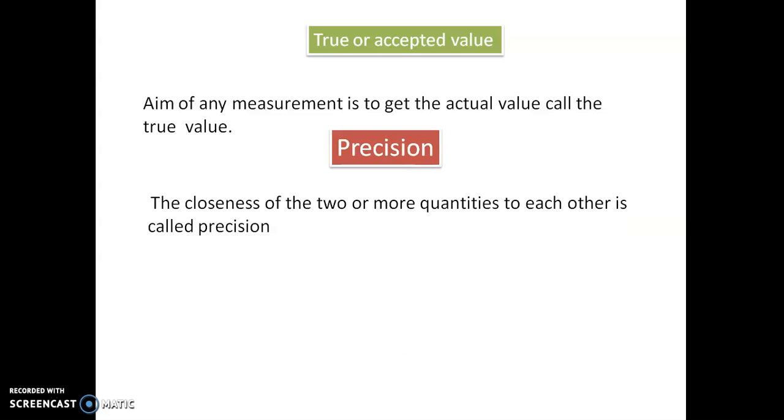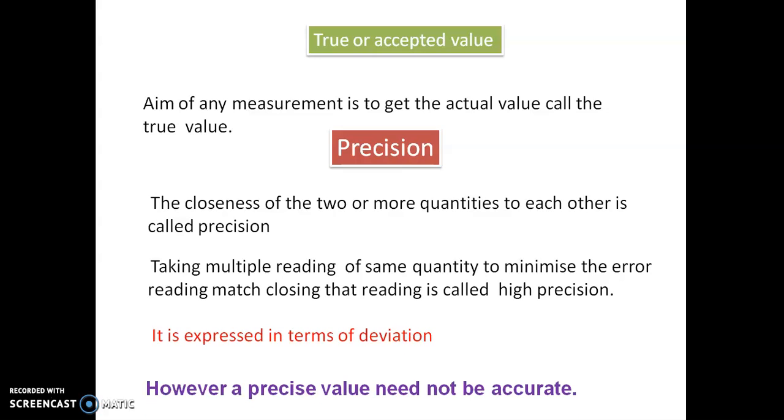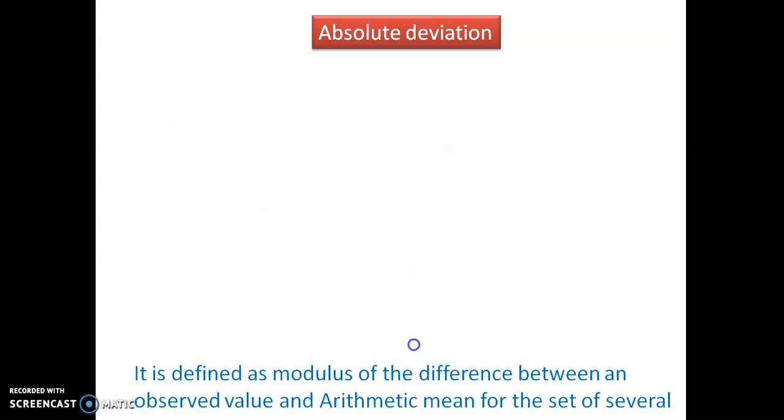Precision. In precision, the closeness of two or more quantities to each other is called the precision. We take multiple readings of the same quantity to minimize the error. Readings matching closely is called high precision. It is expressed in terms of deviation. However, a precise value need not be accurate.